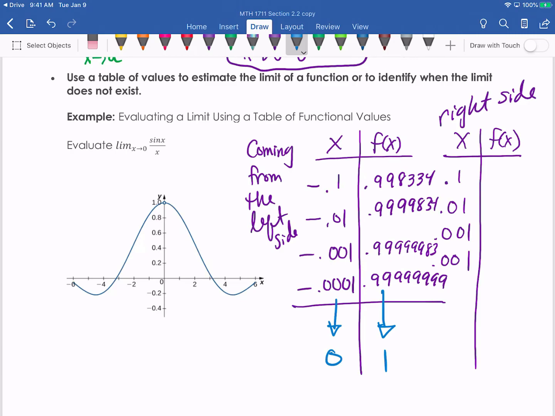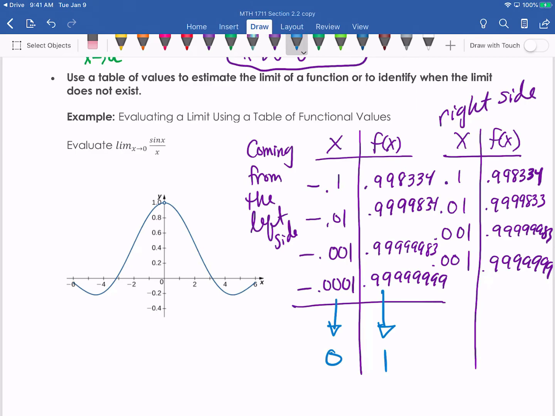Now when we do this for the right-hand side, if I start plugging in values, I'm going to get 0.998334. Then when I plug in 0.01, I'm going to get 0.999983, and it's going to keep going.